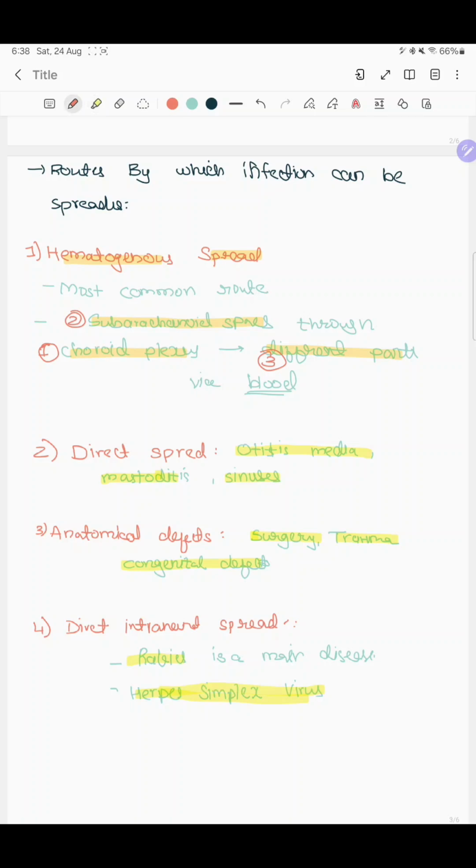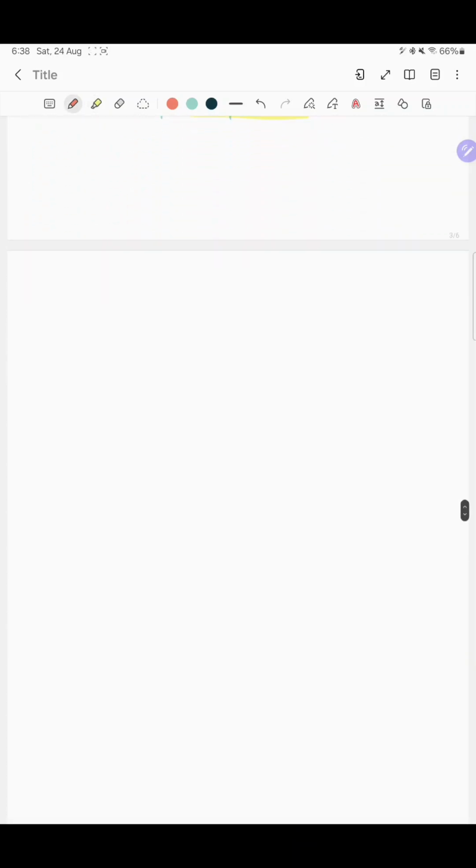Okay, now we are going to study the basics of the different infections which can be caused in CNS. So the most important is meningitis.